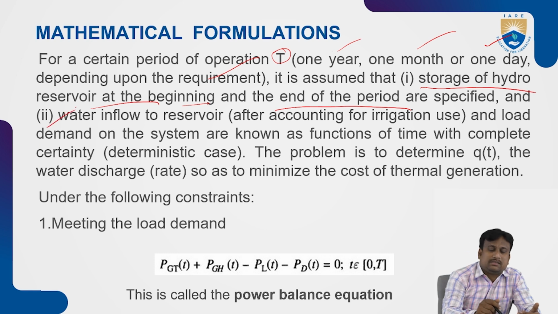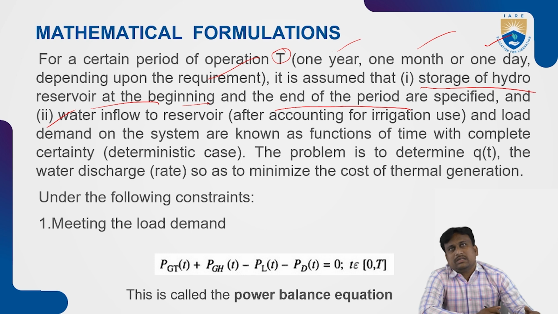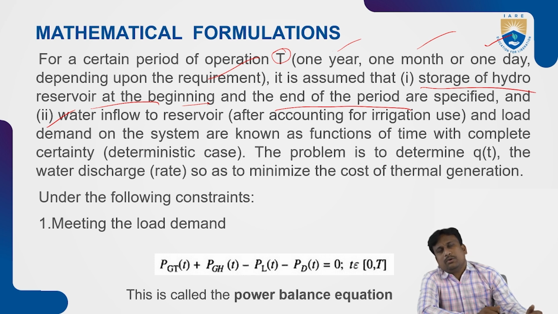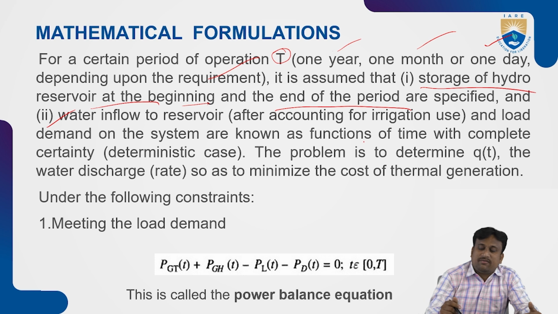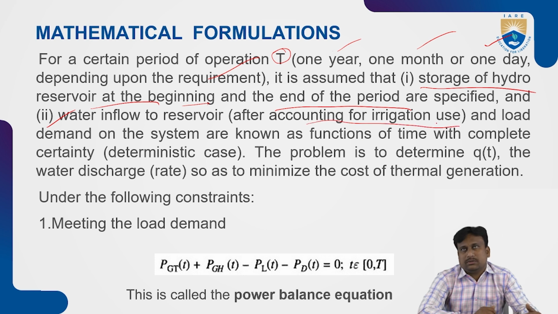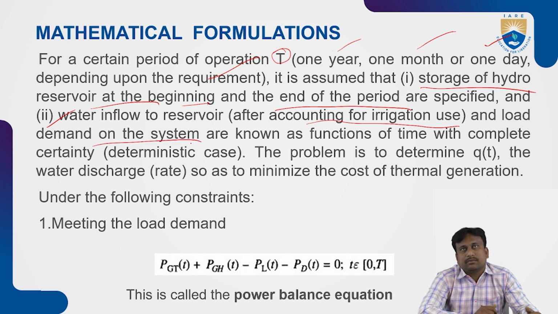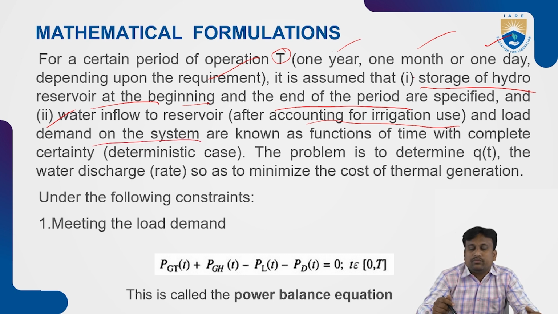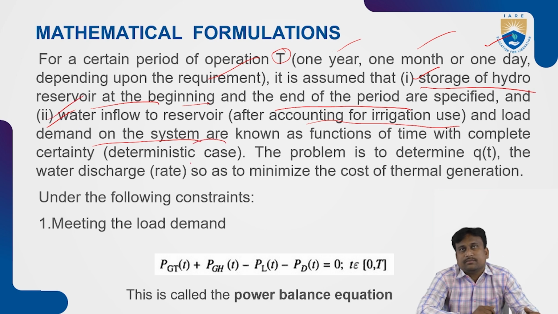The second case is that we need to specify the water inflow to the reservoir. How much water inflow is coming to the reservoir after accounting for irrigation usage, and which will influence the load demand on the system. These two parameters will influence the load demand on the system.